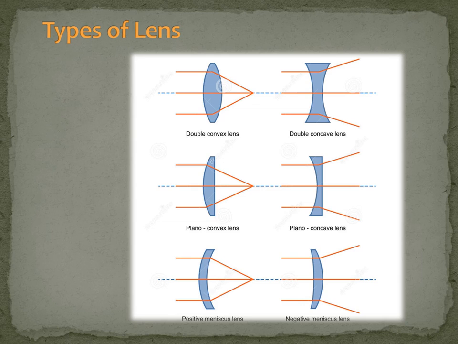So we can have lenses that are convex on only one side and plane on the other side. They can be concave, and each one of these lenses will allow us to do different diversions, let us say, to the light rays. And how can all this be used for us to build a microscope?